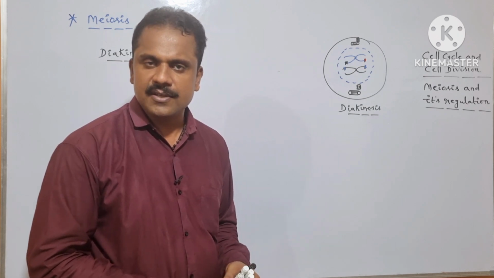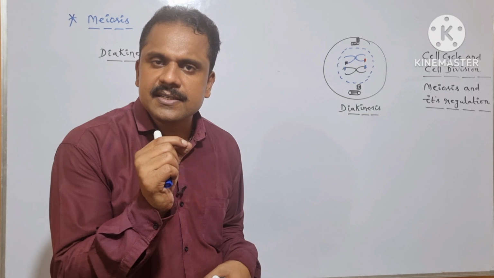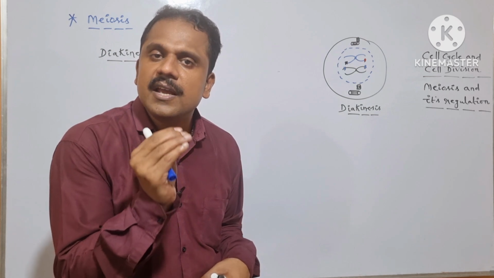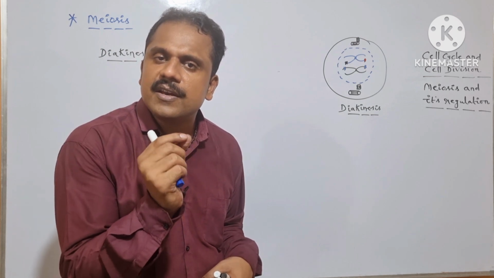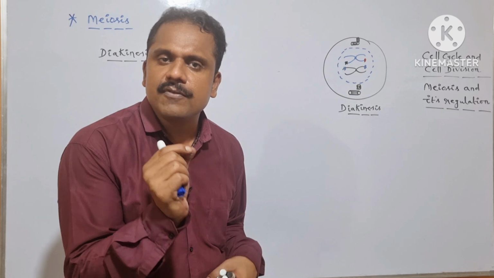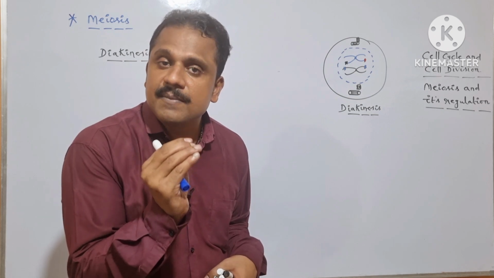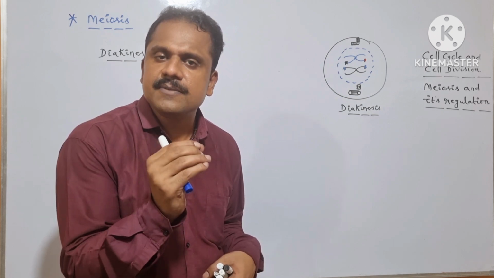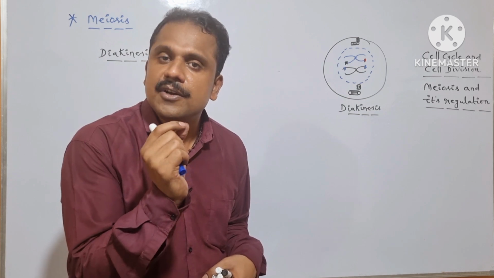And in addition, the X-shaped structure formed to regulate the crossing over between the non-sister chromatids of homologous chromosomes, termed chiasmata, disappears during diakinesis.